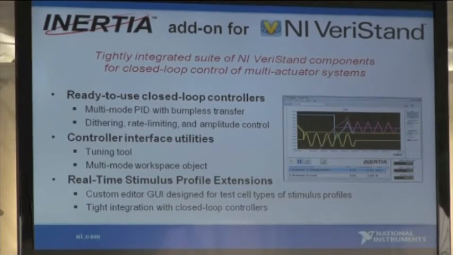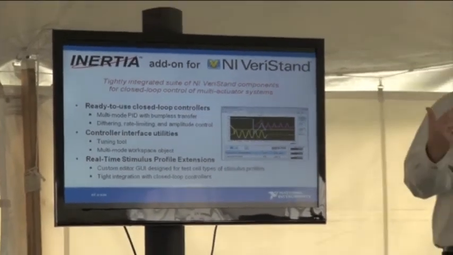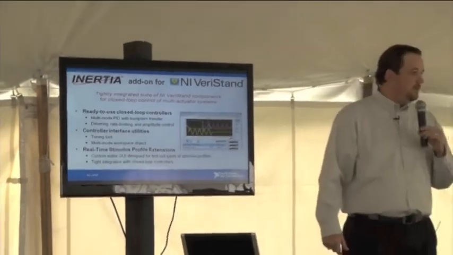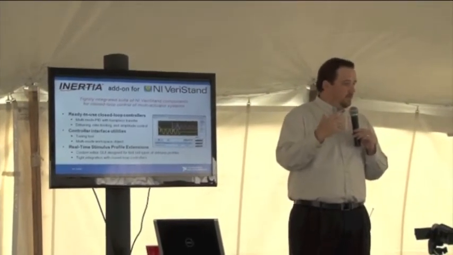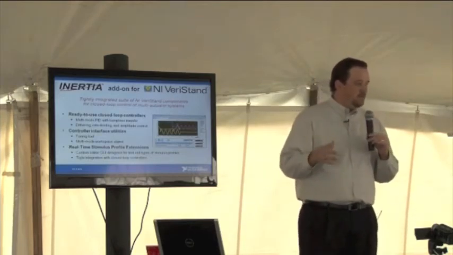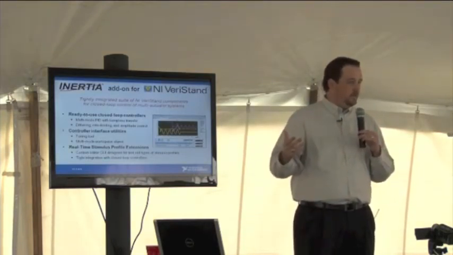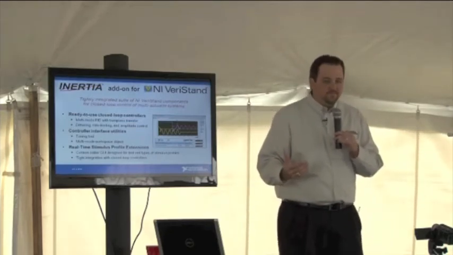And so what we're doing is we're optimizing how we together invest our resources for this application space. And so Inertia will now be available as an add-on to NI VeriStand to expand it beyond hardware-in-the-loop testing applications into these more mechanical simulations, such as dynamometers or servo-hydraulic-based test systems.